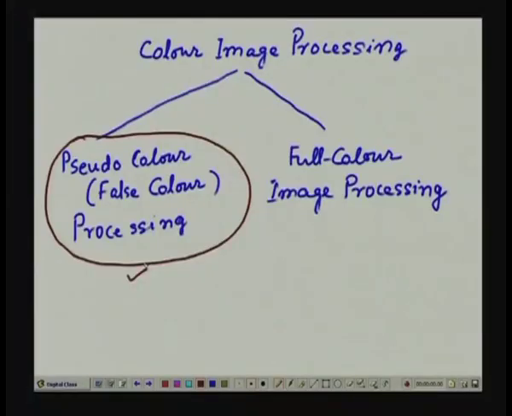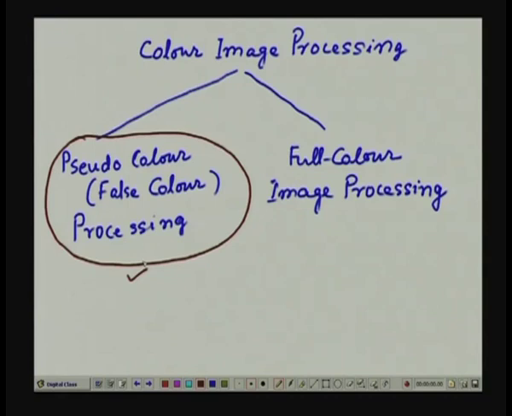So, given a black and white image or an intensity image, if we go for pseudo color processing techniques, that is, assign different colors to different ranges of intensity values, then interpretation of such an intensity image is more convenient than the interpretation of an ordinary or simple intensity level image.